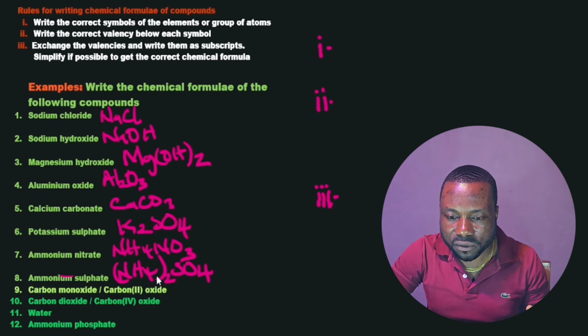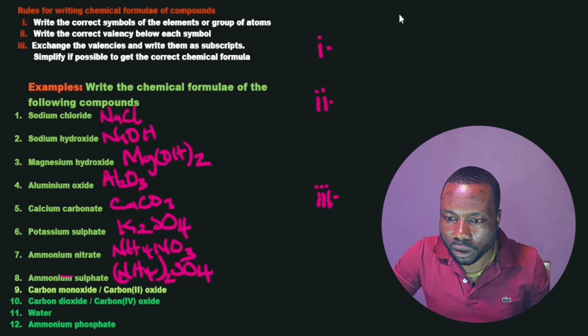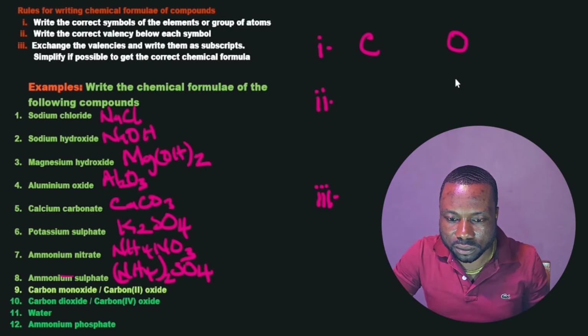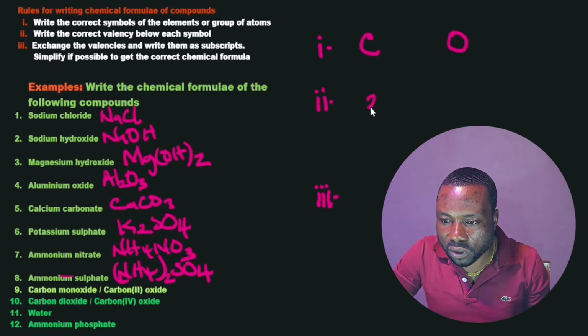So to write the chemical formula, we know that C is for carbon, O for oxygen. Now they have told us that carbon(II), which means that the valency of carbon here is 2, and for oxygen we usually know that it is 2.